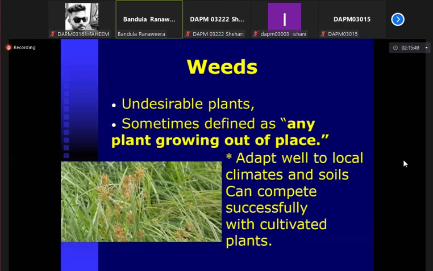Generally, weeds adapt better than our crop to the local climate or weather in the agro ecosystem. And weeds are capable of competing successfully with the cultivated plants. That is why we are trying to control the weeds.